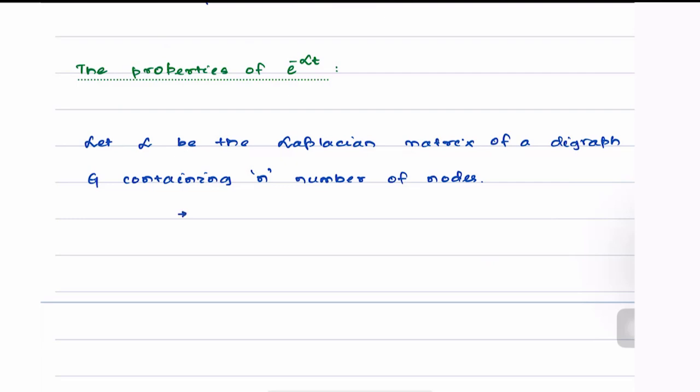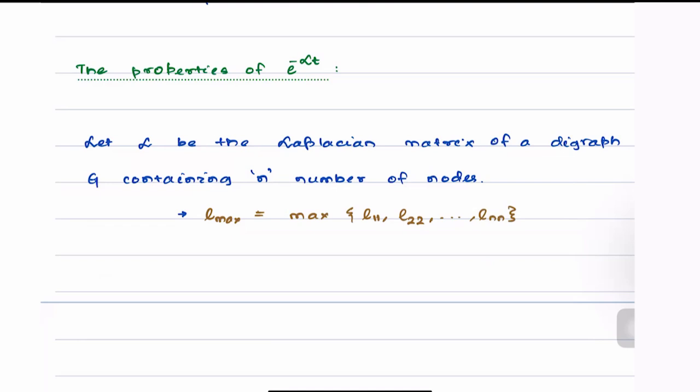Furthermore, in order to easily derive the properties, we introduce a term L max. What is L max? L max is simply equal to the maximum over all the diagonal entries of the Laplacian, meaning L11, L22 up to Lnn.